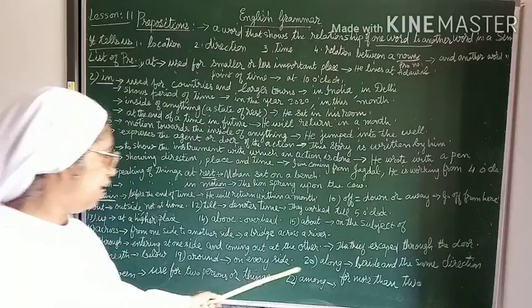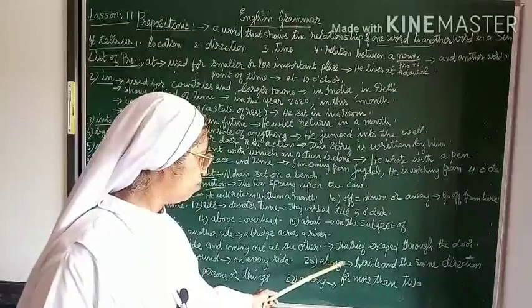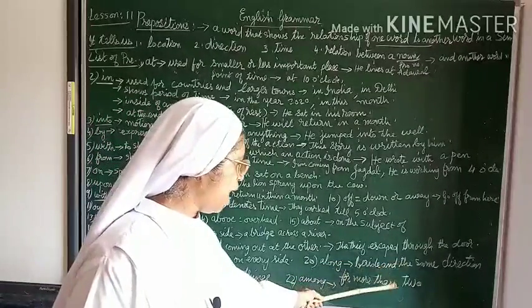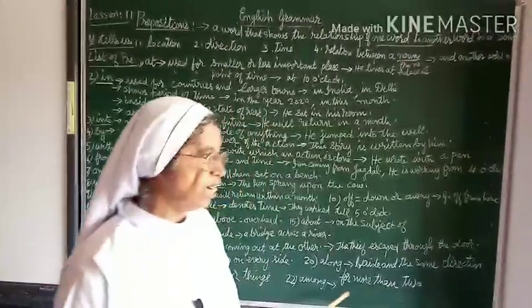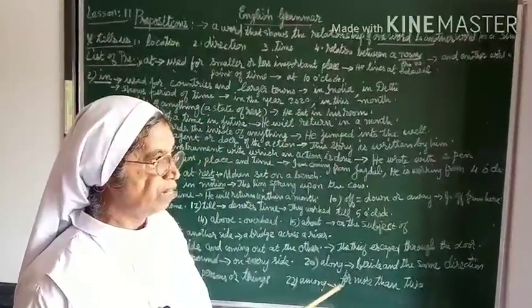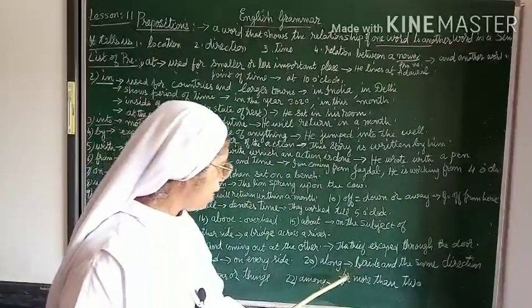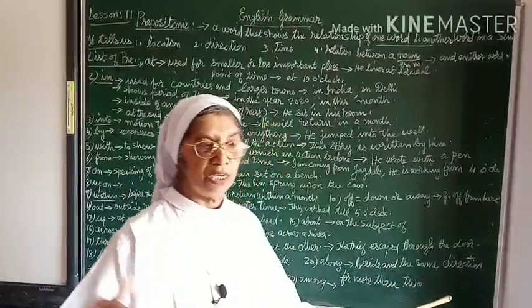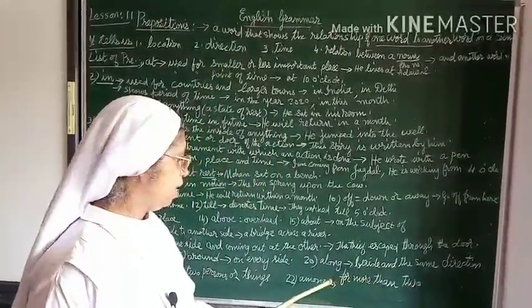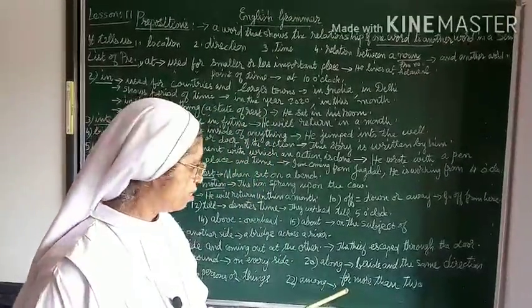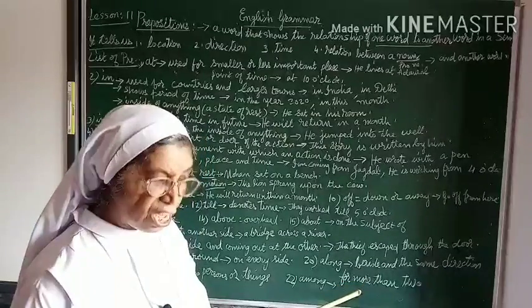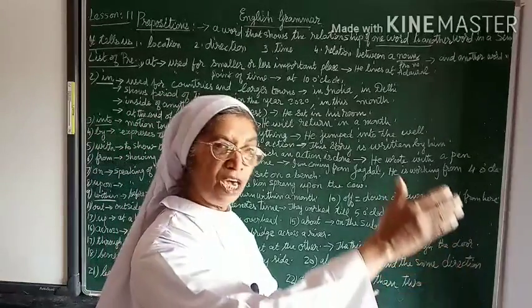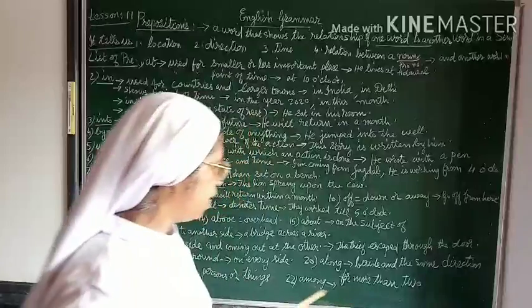Along. Along means beside and in the same direction. Beside means by the side of. He came along with me means he is by the side of me and going with me in the same direction where I am going.